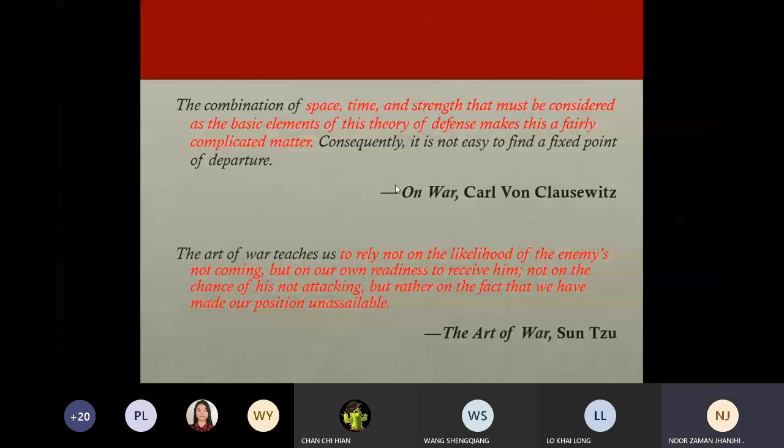Not on the chance of his not attacking, but rather on the fact that we have made our position ready. So we may not wait on the chance that maybe the attacker will not attack us, but we make our arrangements ready, and we make sure that the hacker will not be able to access us.